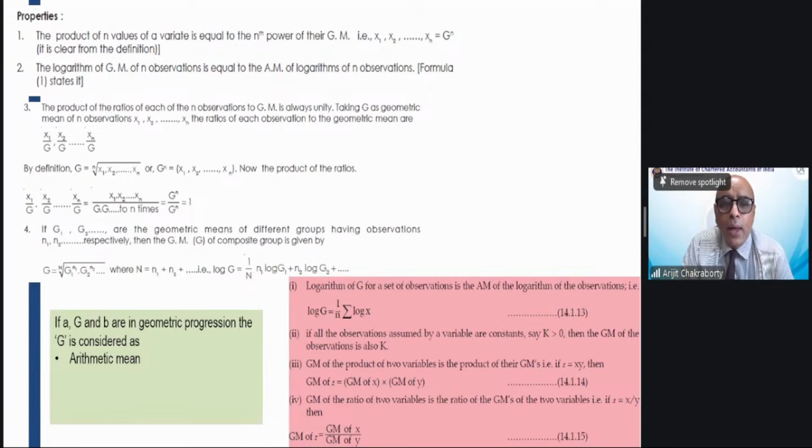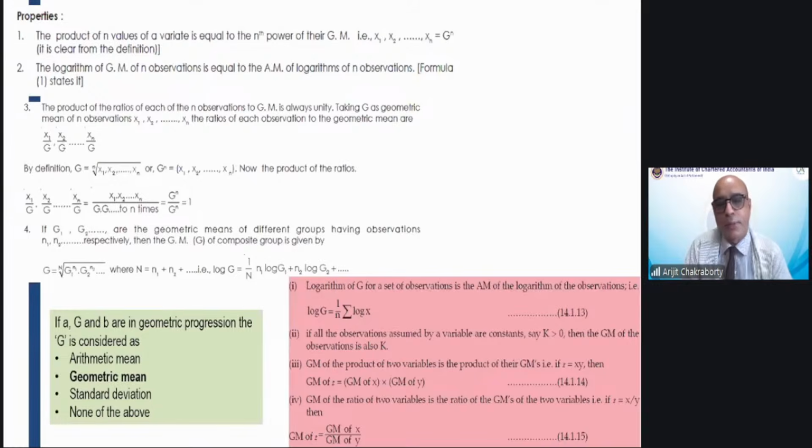You know that if A, B, C are in GP, we have the same common ratio. So the question is, if A, G and B are in geometric progression, then G is considered as what? Arithmetic mean, geometric mean, standard deviation, or none of the above? I'm sure you must have arrived at the right answer.